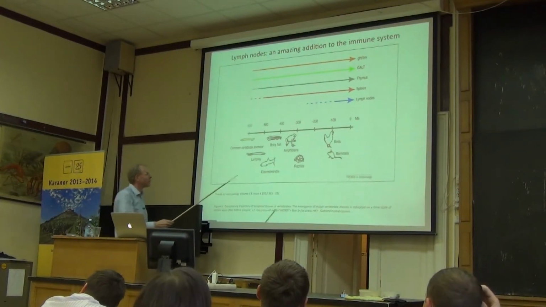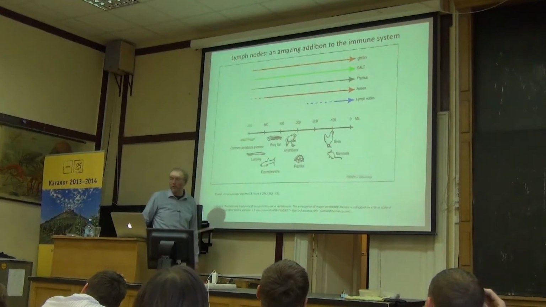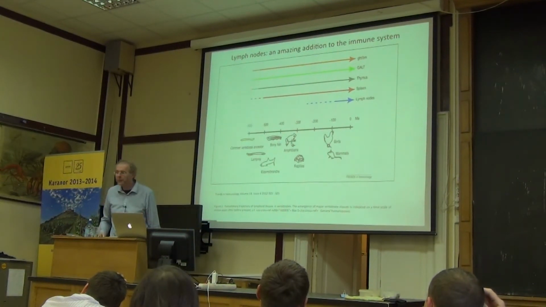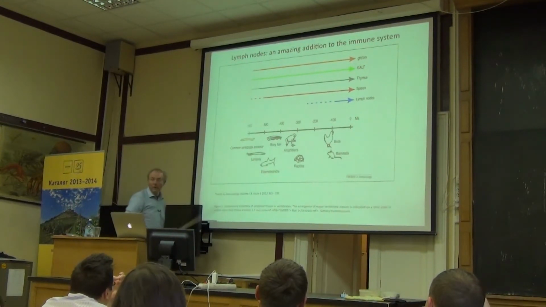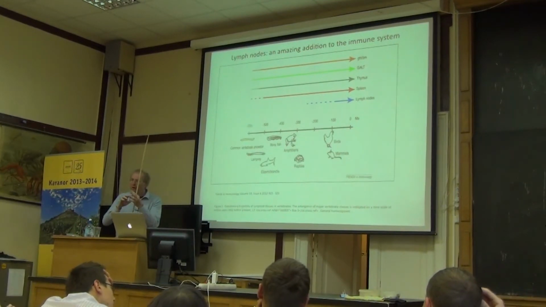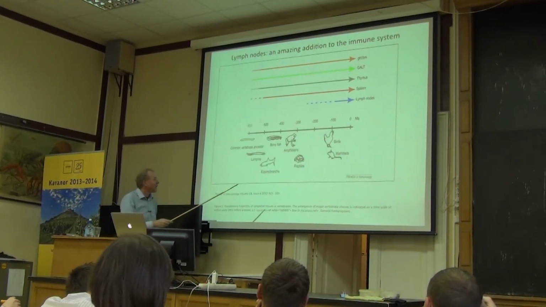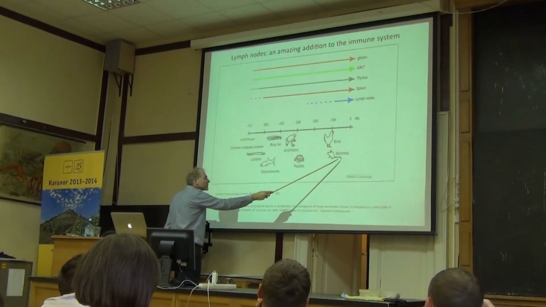Some birds have what one could call primordial lymph nodes, but definitively all mammals have lymph nodes. Lymphatics, the vessels? I'm sorry? The vessels, lymphatic vessels. Lymphatic vessels are already present in fish. But the aggregated structures that we know as lymph nodes are beginning to appear somewhere here. But they're in full existence in mammals.